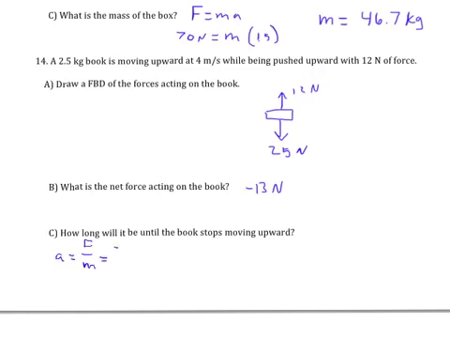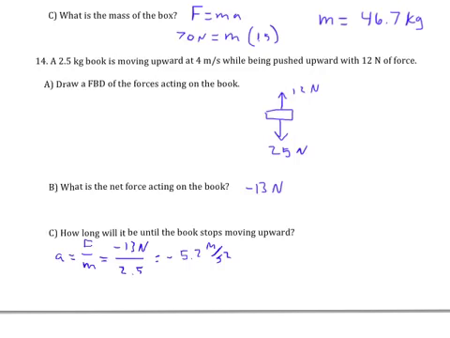The net force is negative 13 newtons divided by the mass, which is 2.5, and I'll get an acceleration of negative 5.2 meters per second squared, the rate at which this book is accelerating in the negative direction.